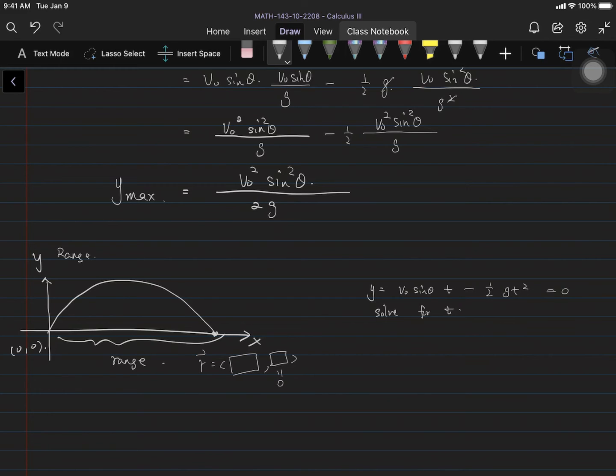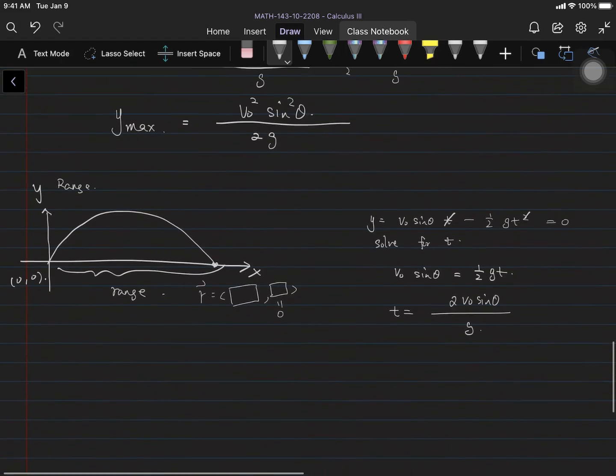So solving for t, v0 sin theta, we cancel the t here, equals 1/2 gt, and t equals 2 v0 sin theta divided by g. And this is t when it's going to hit the ground.